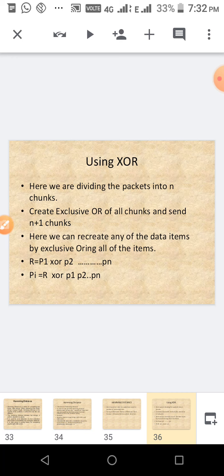We can regenerate any of the data items by exclusive ORing all the items, for example, P equal to P1 XOR P2 up to Pn. So we send one additional chunk, the XOR of all the chunks, and if anything is lost we find it using the remaining chunks.